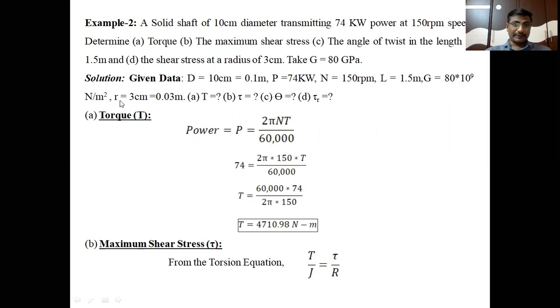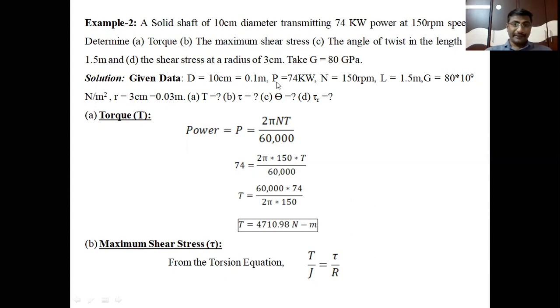And take small r at any radius, 3 centimeters, 0.03 meters. You should find the torque, maximum shear stress at the surface, angle of twist, and shear stress at a radius of r. Clear, students?